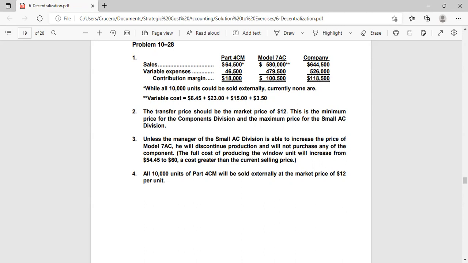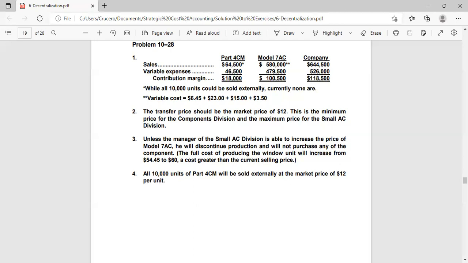Number 3, unless the manager of the small AC division is able to increase the price of model 7AC, they will continue production and will not purchase any of the component.